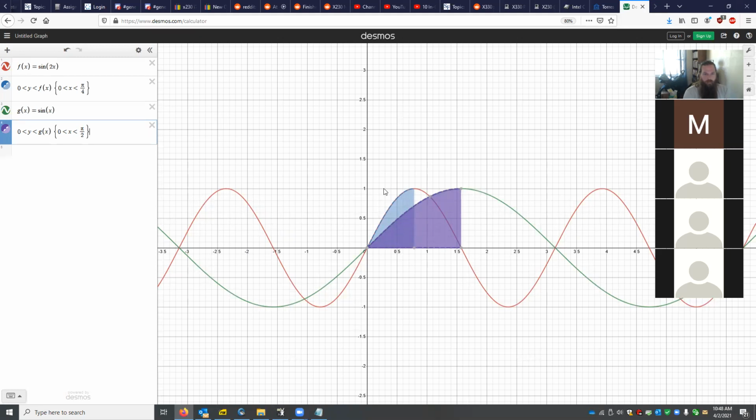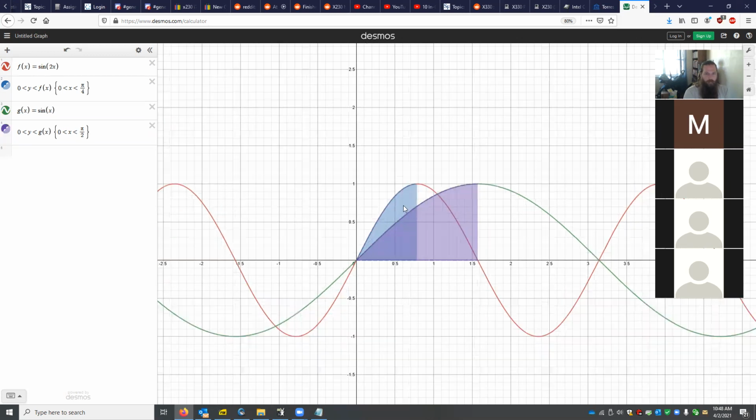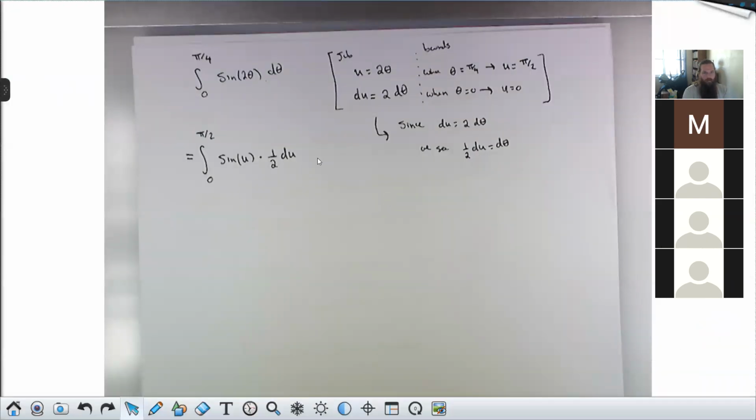If I want to take the same system of rectangles for the purple here and transform it into a system of rectangles for the blue here, I would have to cut the width of each rectangle in half. So your d theta, the rectangles in the original coordinate system, would be cut in half in width. And that's why you have a 1/2 du here.